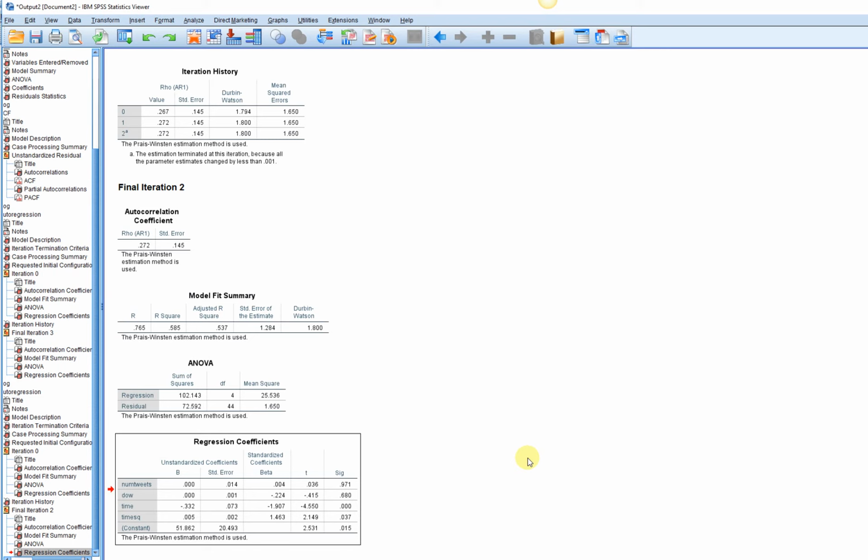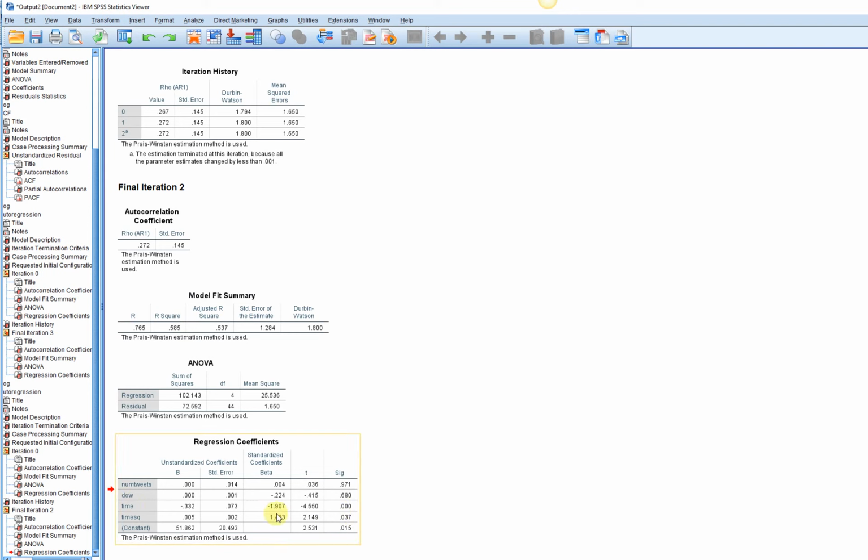Just kind of note too that if you didn't want to incorporate the time component directly, what you could do is something that's called detrending. So we could detrend, say, the number of tweets and the Dow, and then include those in a regression analysis.